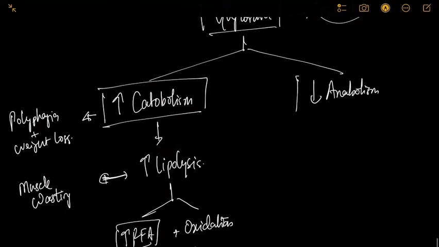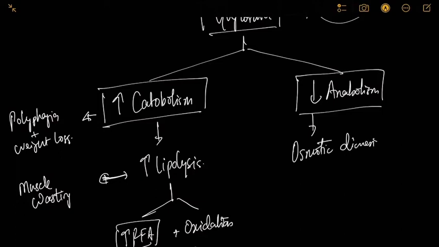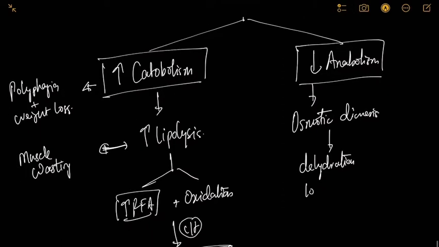Now coming to decrease in your anabolism, this leads to your osmotic diuresis. All right, which leads to your dehydration, and along with dehydration there's also loss of electrolytes.